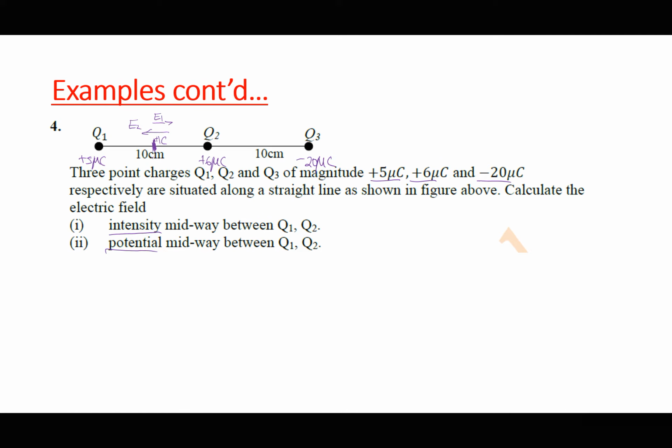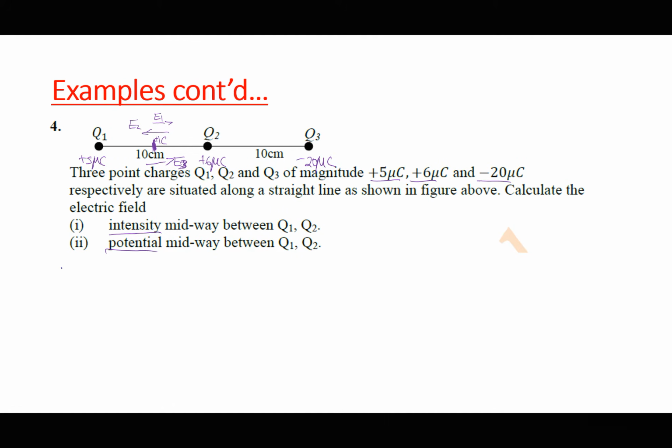Q3 is negative, it tends to attract our positive charge, so E3 is going to be in that direction. So the algebraic sum of these three is going to be the resultant electric field strength at the midpoint.